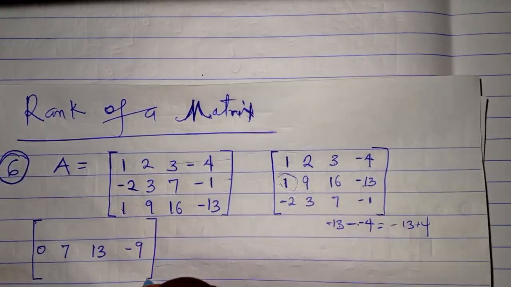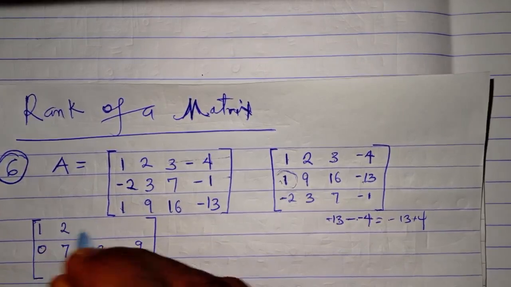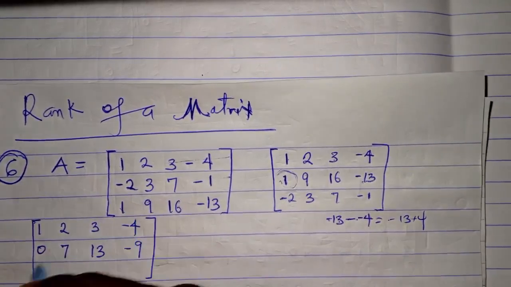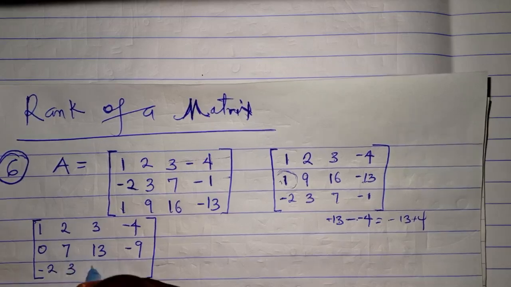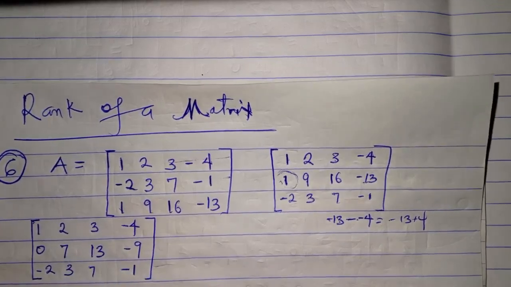All other entries remain: 1, 2, 3, minus 4, minus 2, 3, 7, minus 1.